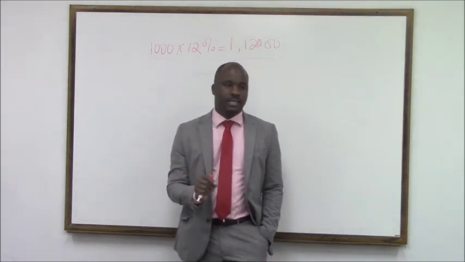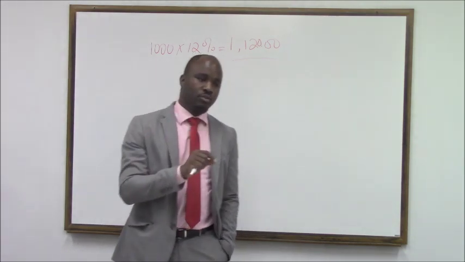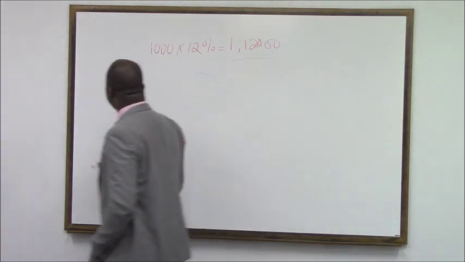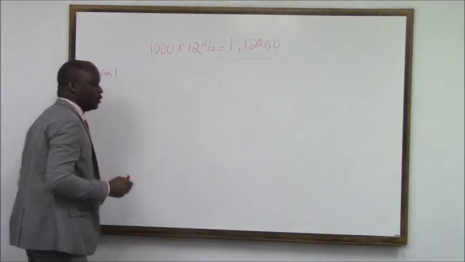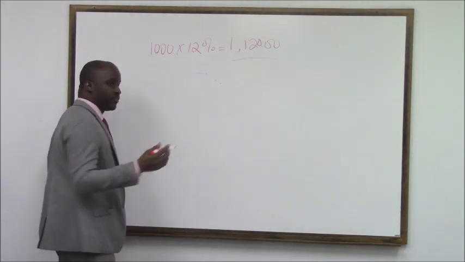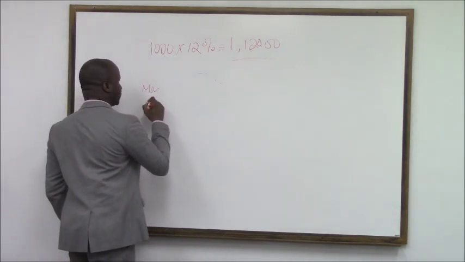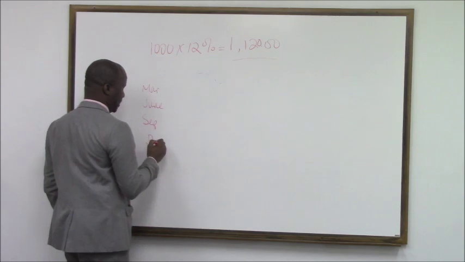Now the interesting thing is that your 3% is accrued on whatever the balance is at that particular time. So if you have a loan that you started January 1st, that means every 3 months you'll get your interest payment: March, June, September, December.